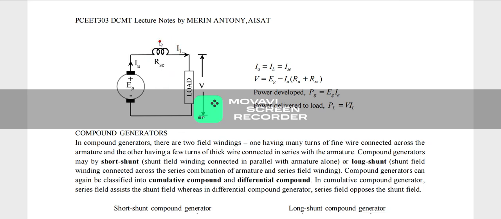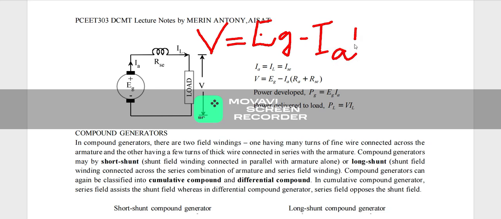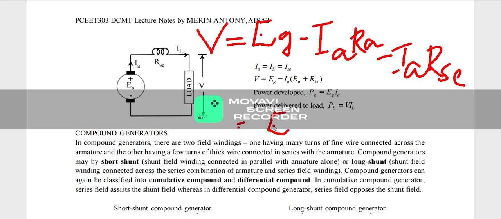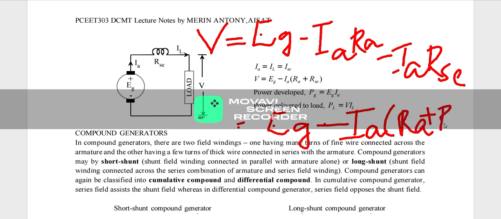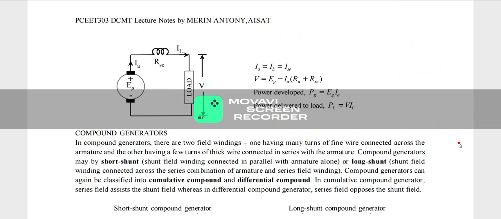So if we are considering both the voltage drops, we can say that terminal voltage or load voltage is equal to EG minus IA RA minus IA into RSC. So taking into brackets, V is equal to Eg minus Ia into (Ra plus RSC). Hope it is clear. So this is the equation for load voltage.